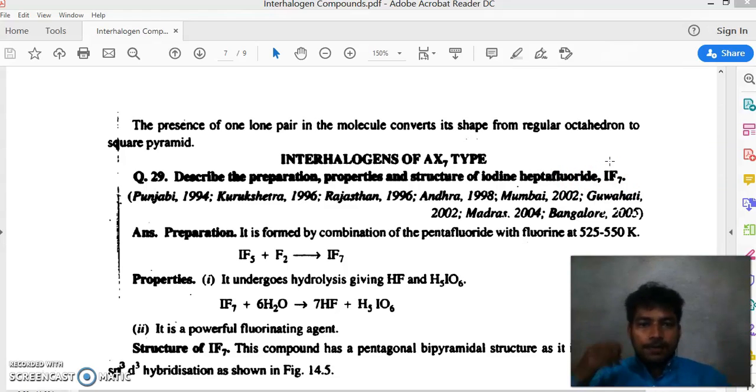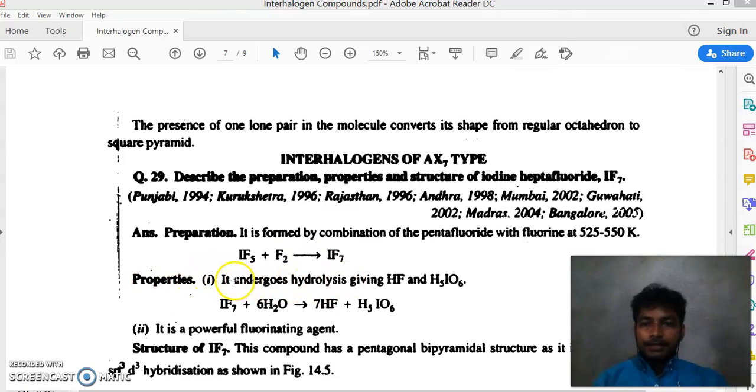So how can you prepare this compound? Iodine heptafluoride can be easily prepared by the combination of iodine pentafluoride with fluorine at 525 to 550 Kelvin temperature.